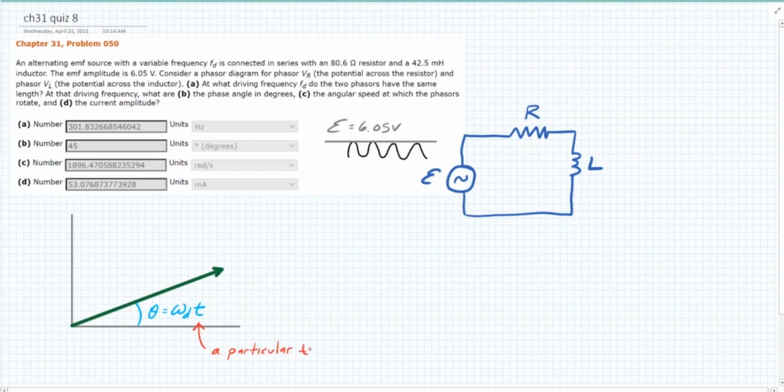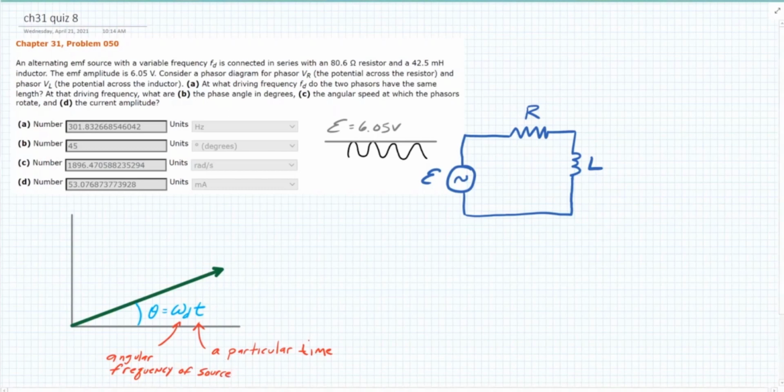If we wanted to look at 1.5 seconds, then T would equal 1.5 seconds. This omega D is the angular frequency of my source. Remember, most electricity is generated by spinning magnets.